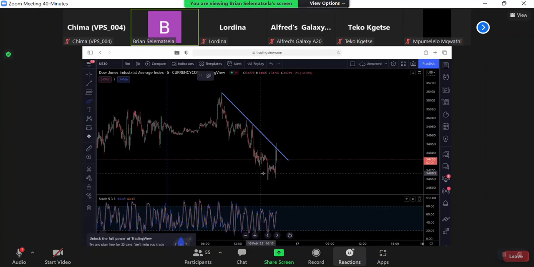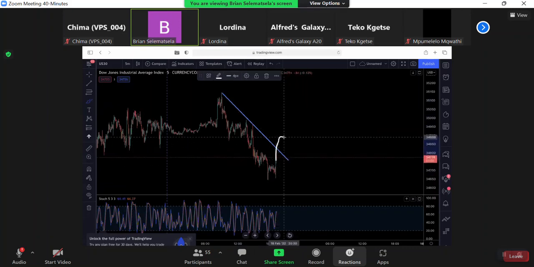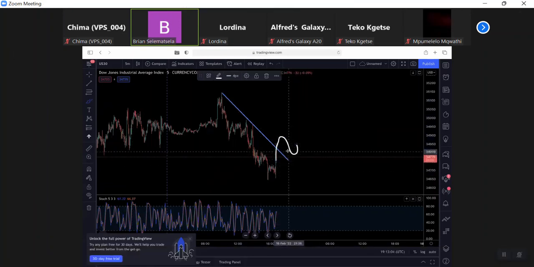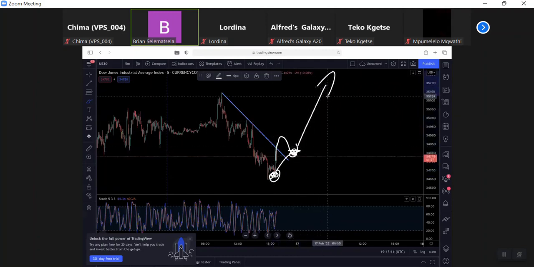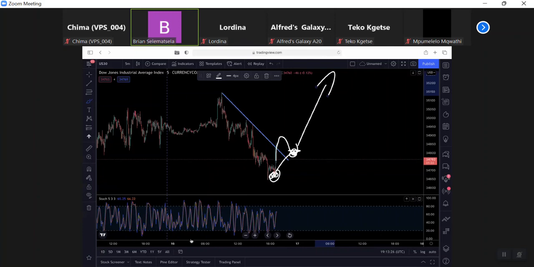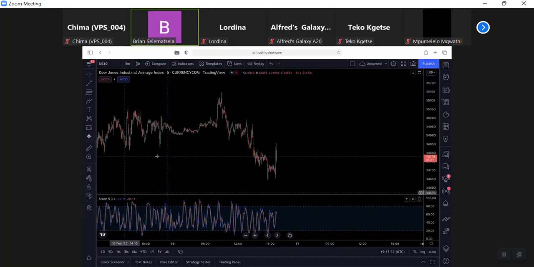So the best thing we can do is wait for it to close above so that we can spot divergence between this point and that point, so that we can take it up like that. It's just a matter of waiting here.